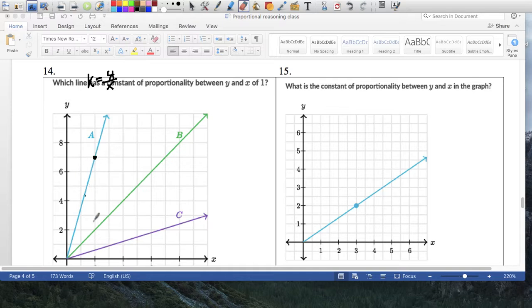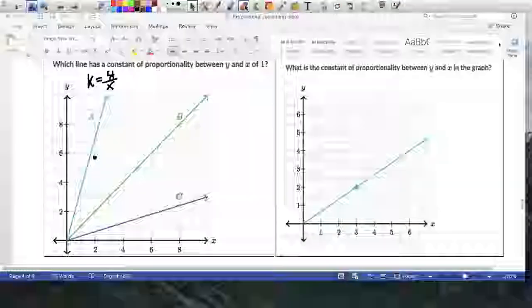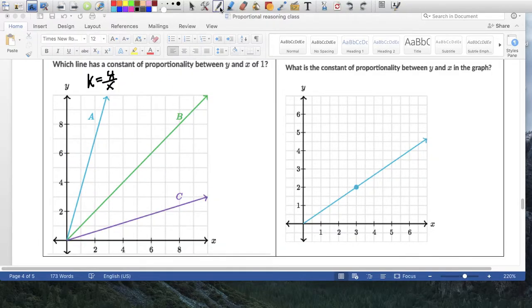This one I'm going to call 2 and 7, the point (2, 7). So if I plug it in here, k equals y, which is 7, over x, which is 2. 7 over 2. Does that look like a 1? No. So it's definitely not A.